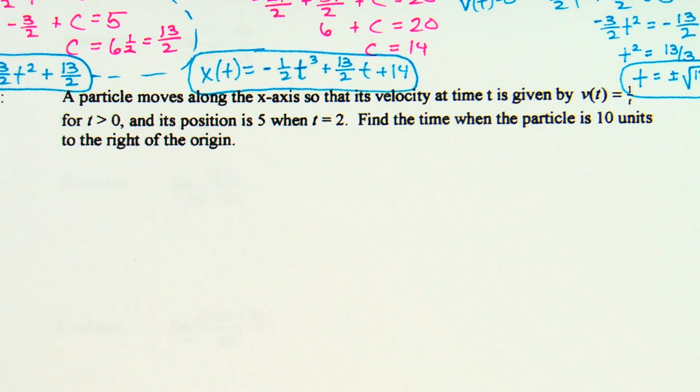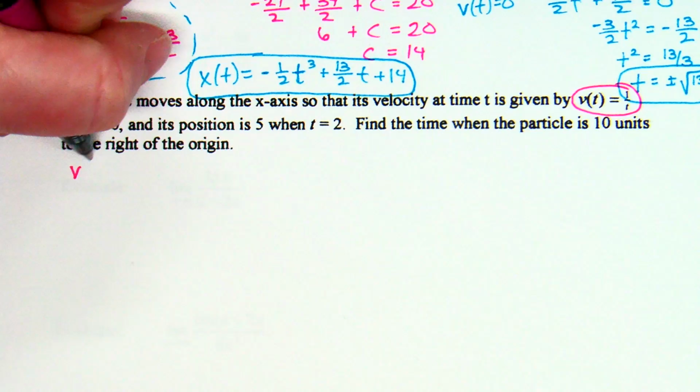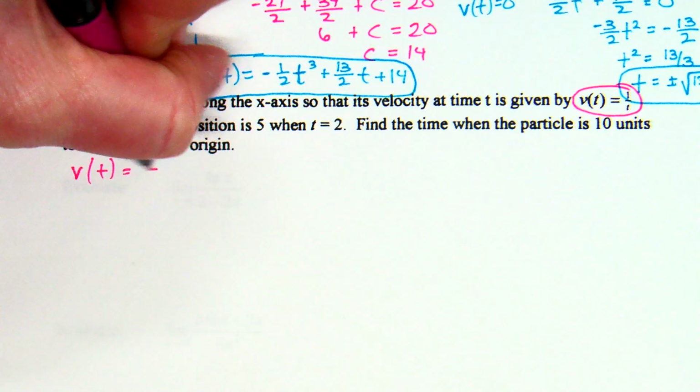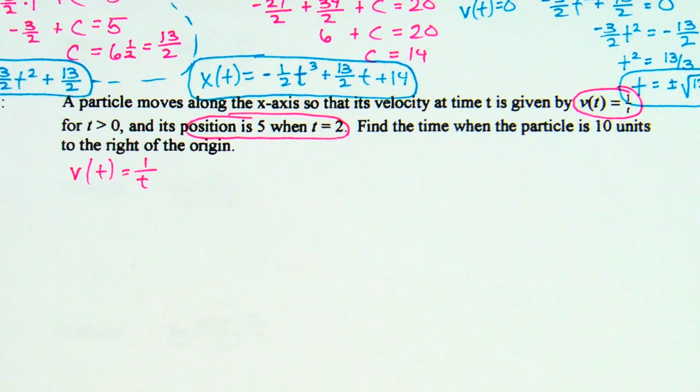Okay, so we're provided v of t equals 1 over t. We're given some position information, and in the end it says find the time when the particle is 10 units to the right of the origin.